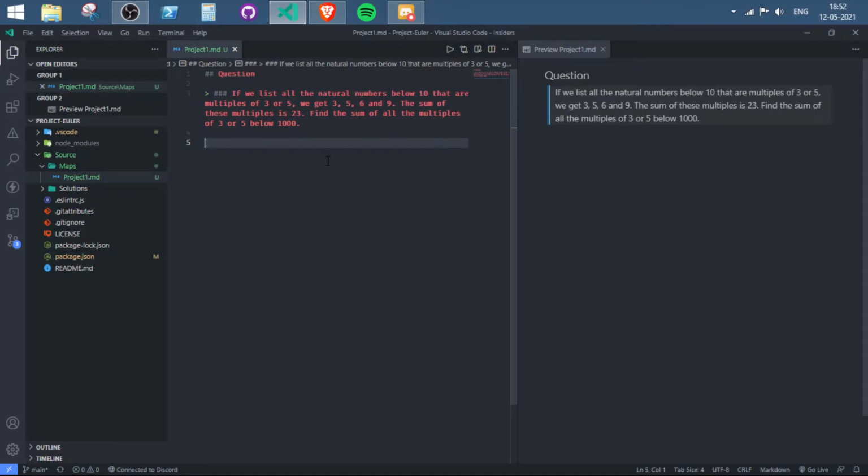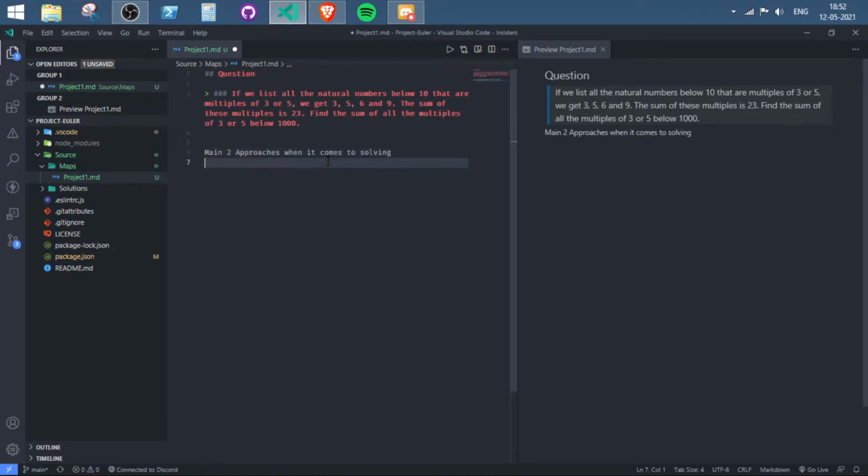Thinking, there are two main approaches when it comes to solving these kinds of problems. The first one is basically the brute force method, where you hard code stuff and work on solid values.